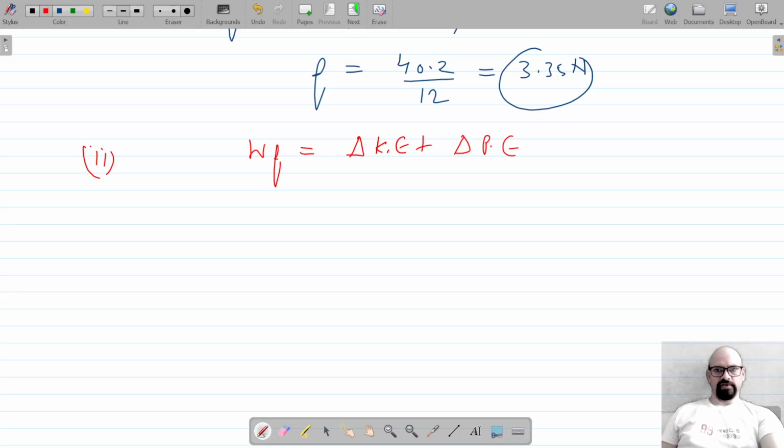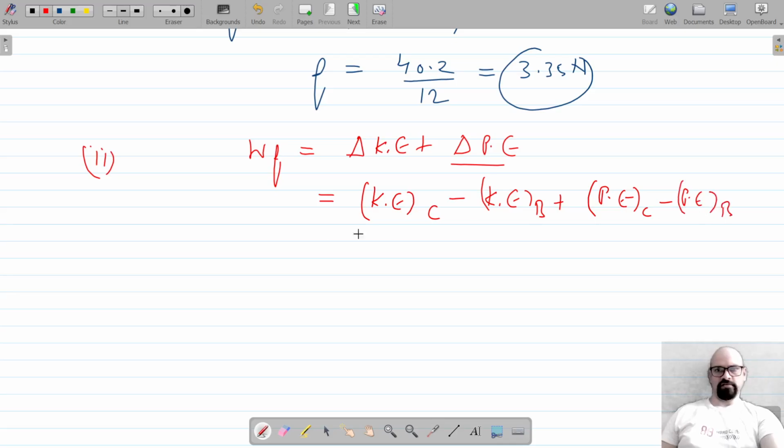So this is the change in kinetic energy. Change in kinetic energy is the kinetic energy at the final position, that is C, minus the kinetic energy at B. And the change in potential energy is potential energy at C minus potential energy at B. So kinetic energy at C will be 0 because at C it stops.